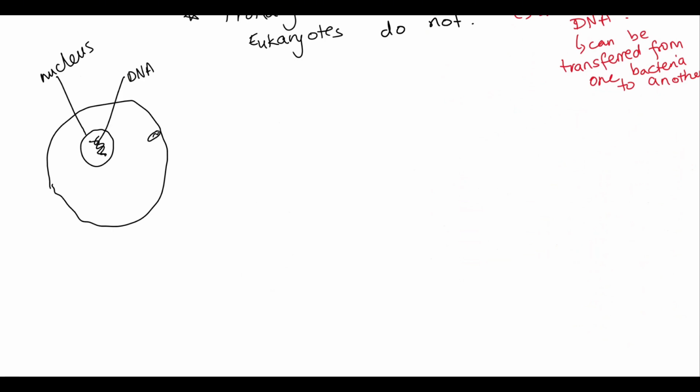We've got mitochondria all around it. And then we've got ribosomes. Mitochondria, ribosomes, cell membrane, and cytoplasm.